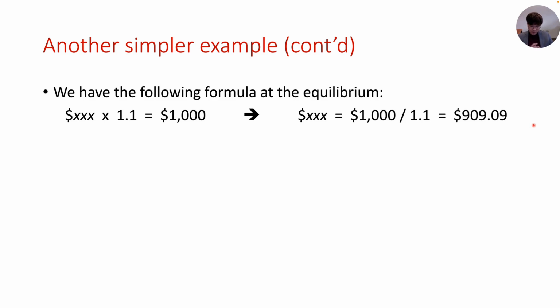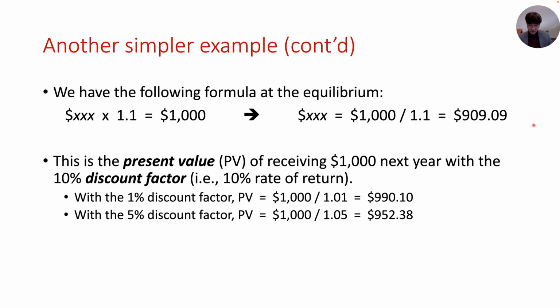That is, with the 10% rate of return, receiving $1,000 next year is equivalent to receiving $909.09 today, and this value, $909.09, is called the present value, in short PV, of receiving $1,000 next year.